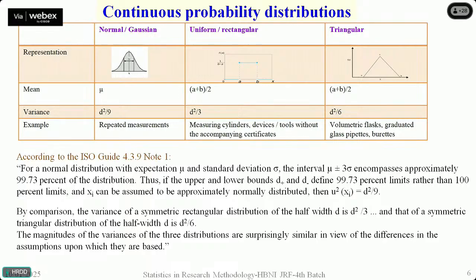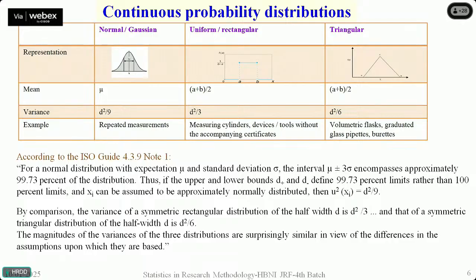Class A measuring equipment will lead to a Gaussian, normal type of distribution. If the measuring device is not class A, if it is in the secondary class, class B, then repeated measurements using such devices will lead to the third one, a triangular type of distribution.